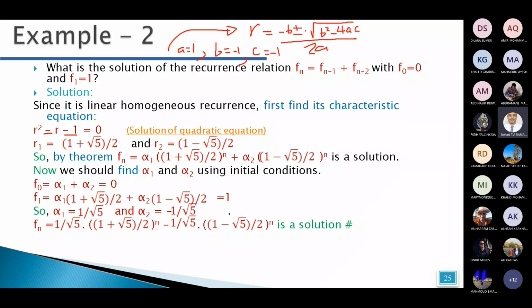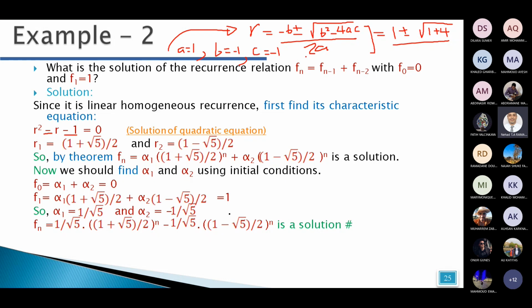Let's apply it quickly. So minus B, minus minus 1, is 1, plus minus root of minus 1 power 2, which is 1, minus 4 multiplied by A, so minus 4 multiplied by 1 multiplied by minus 1, becomes plus 4, all divided by 2A.